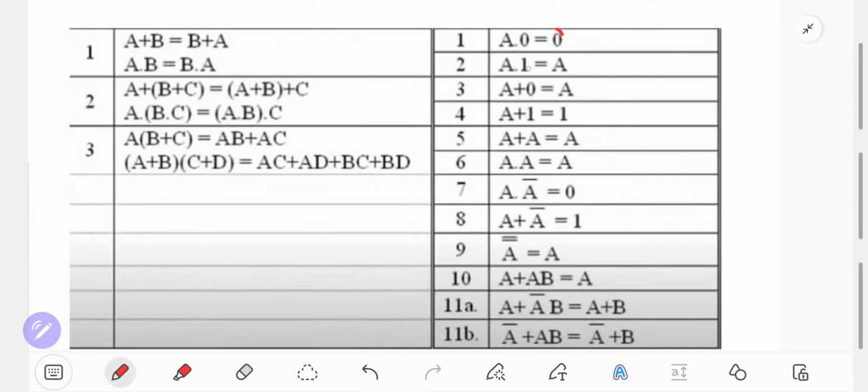Number 2, A times 1 is equal to A. Number 3, A plus 0 is equal to A. A plus 1 is equal to 1.